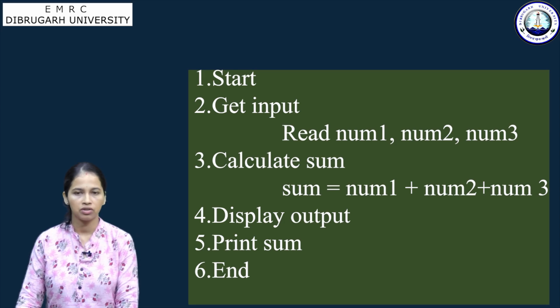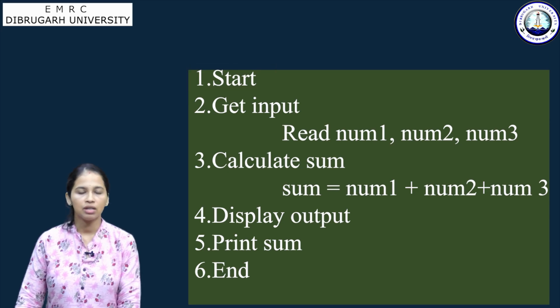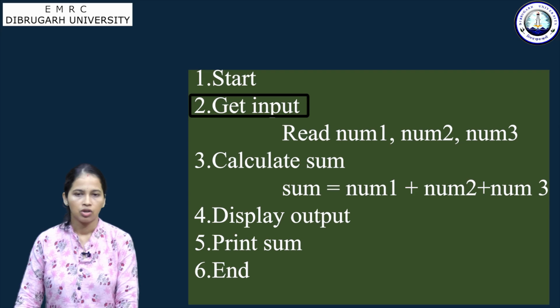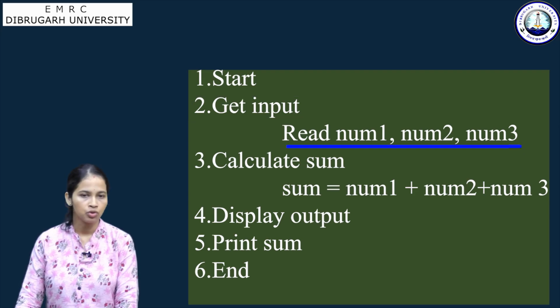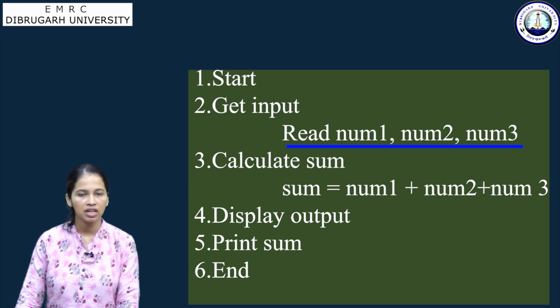So, in this example we will be showing how to add 3 numbers with the help of the addition operator. As I told you in the last slide, every algorithm should start with the keyword called start. Then we have to get the input of the 3 numbers. So, we have to read the value of the variables num1, num2, num3. I have specified the names of the variables as num1, num2, num3.